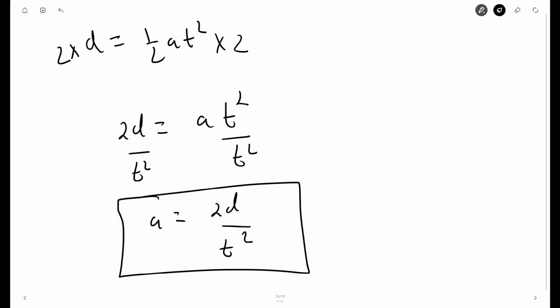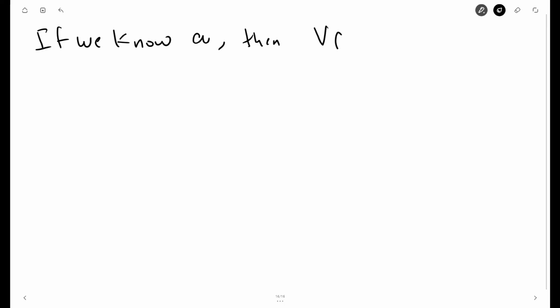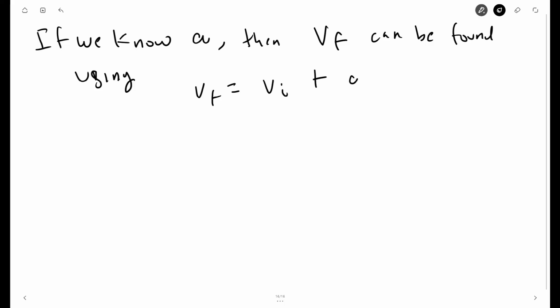Okay. And now, if we know acceleration, if we know a, then final velocity can be found using v final equal to v initial plus a t.